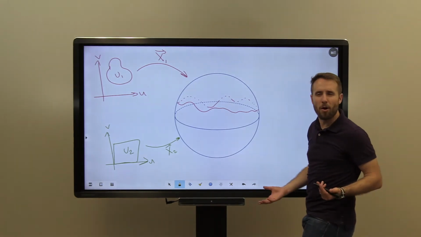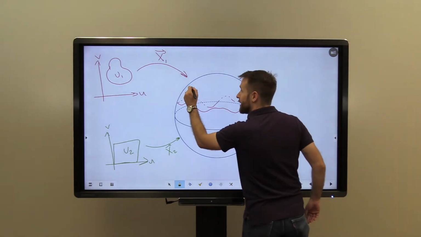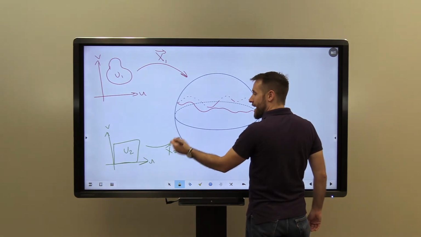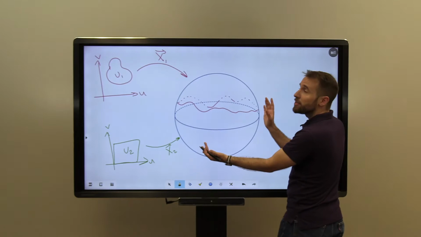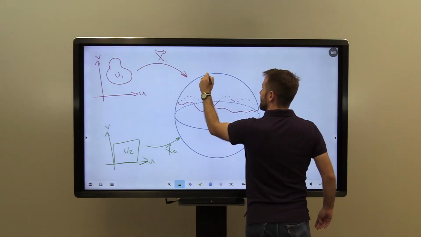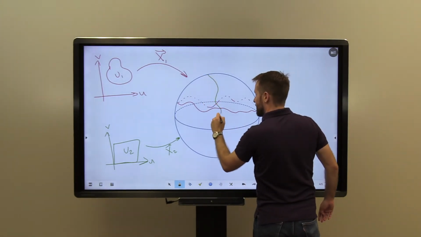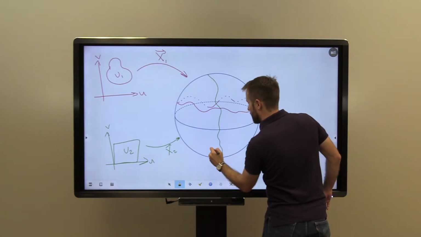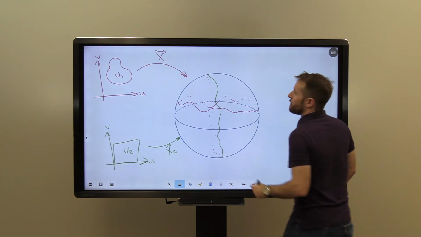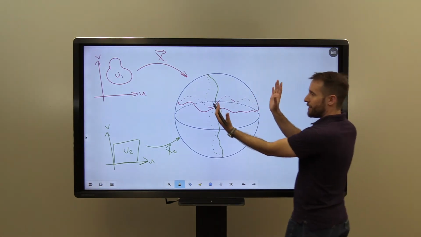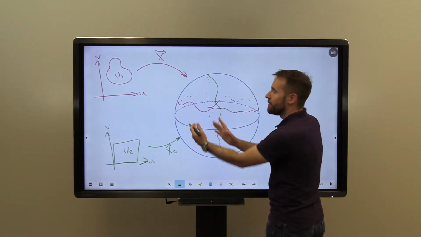And maybe there's even some overlap here. If I'm being honest, I don't really care. So maybe x2 maps U2 onto this mostly western hemisphere, right? So there's a lot of overlap here. And that's sort of covering this western hemisphere.